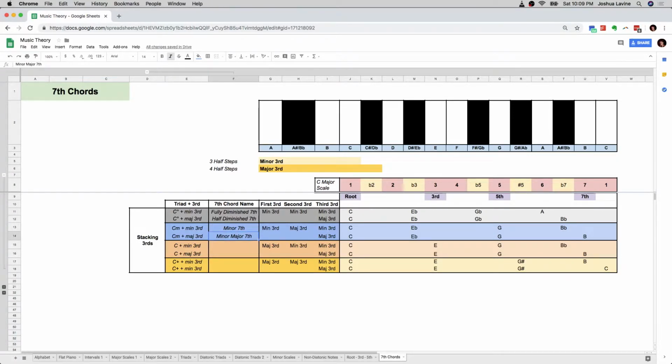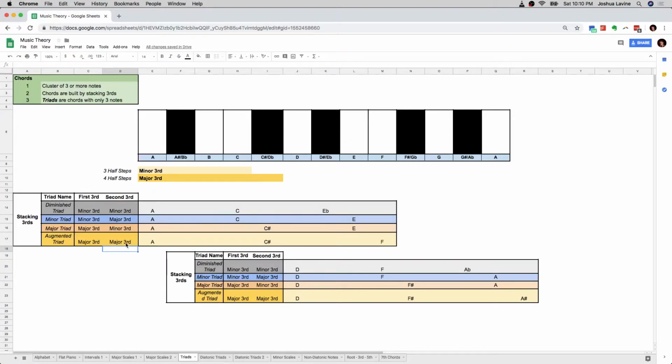Let me just quickly say, remember how after we did all of our triad exercise, we talked about how some of these chords are very common and some of these chords are not very common. A minor triad and a major triad are two of the most common chords used in all kinds of music, mostly Western music.